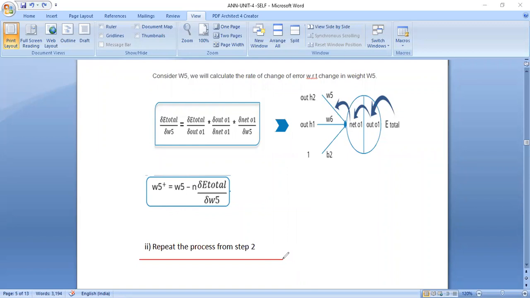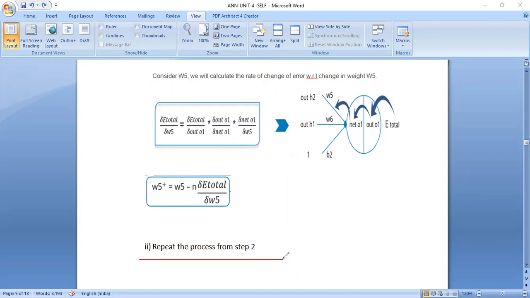Using these updated new values, again perform the forward propagation, then calculate the error rate. If the error rate is minimum as usual, finalize that model. Otherwise, again backpropagation.